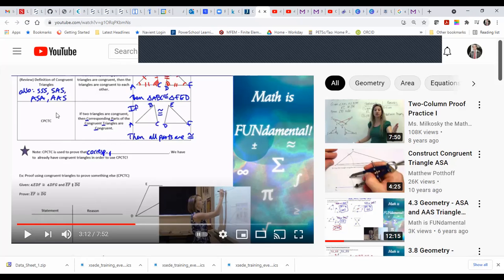And then now, to give you the definition about CPCTC: corresponding parts of congruent triangles are congruent. Okay, so CPCTC is corresponding parts of the congruent triangle are congruent. Okay. Corresponding, C is congruent, T is triangle, and then C is congruent again. Okay.